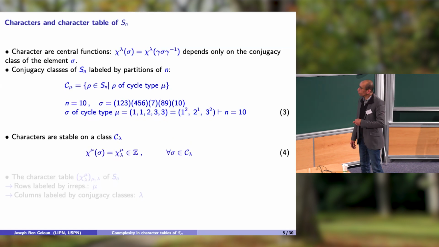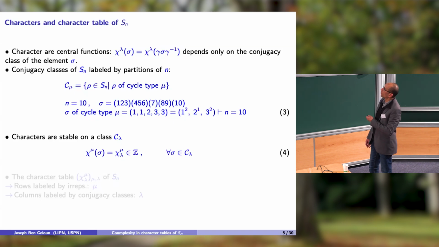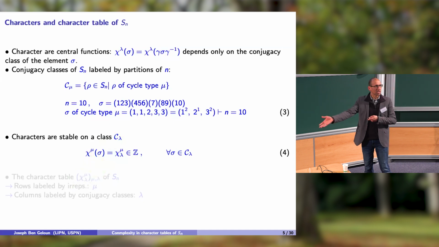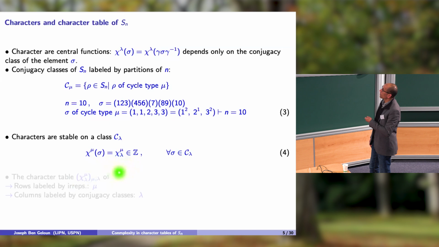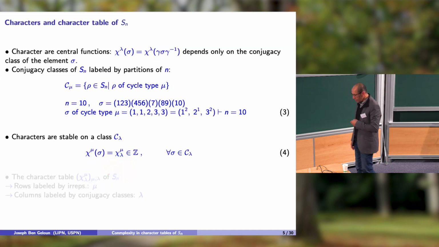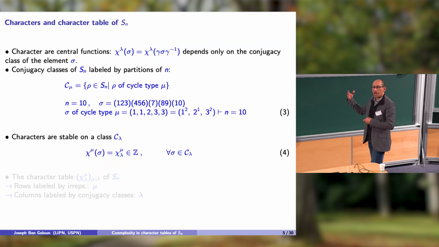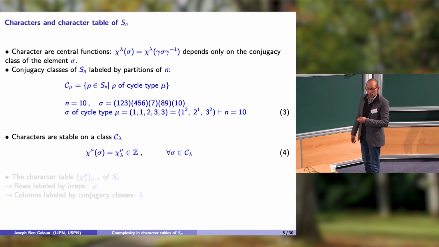As I said before, characters are stable on the conjugacy class lambda, so you can take any representative of that class to compute the character. What you should know is that characters for Sn are integers, positive or negative.